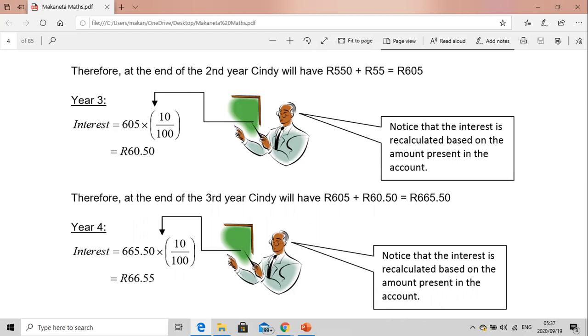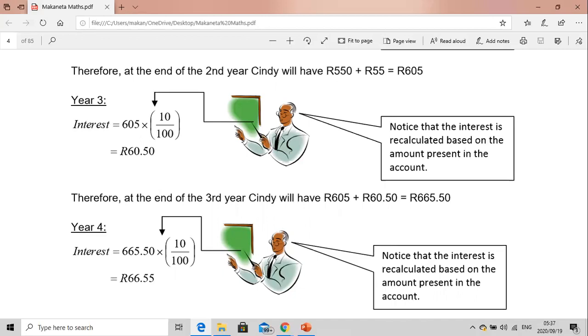And you can tell by the fourth year, once again, you'll be able to add your interest. And this means that it will increase once again. By this time, it will be 66 rands and 55 cents.